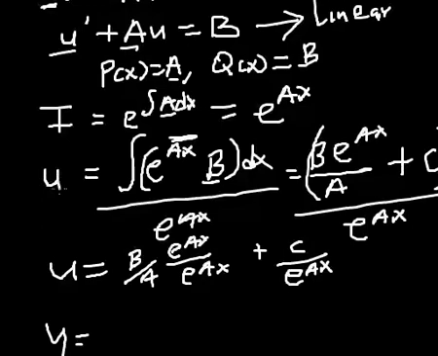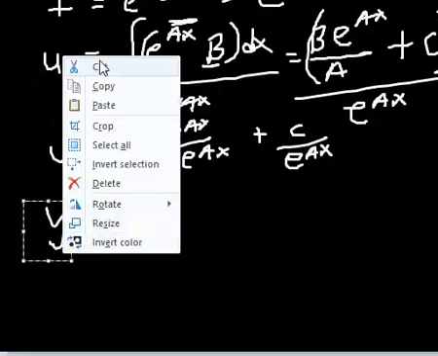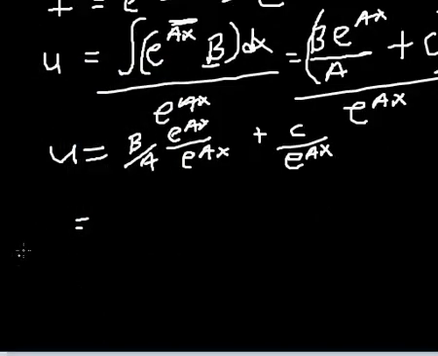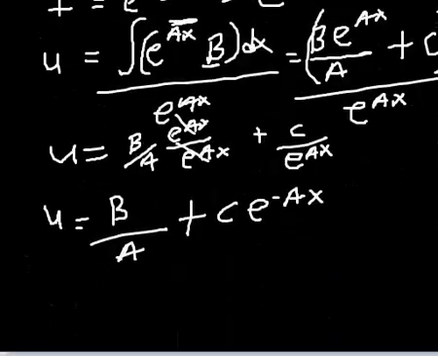So after I'm done evaluating that, I'll bring the change of variable back. So exponent ax divided by exponent ax gives 1, so I have b all over a, then plus c exponent minus ax. This is for u. Now don't forget that I introduced u, which is originally the reciprocal of y.